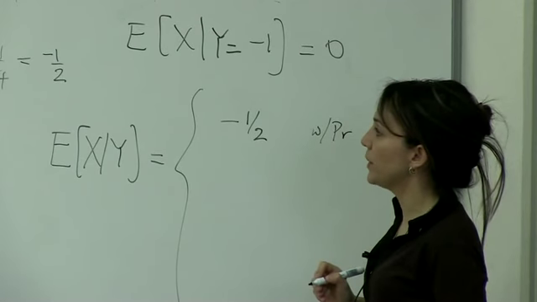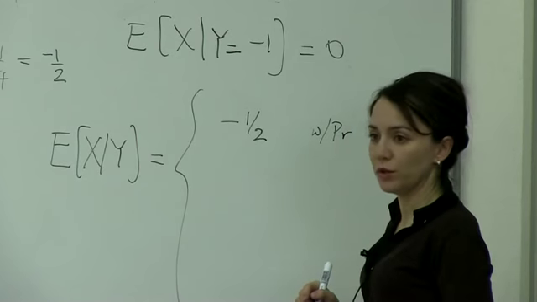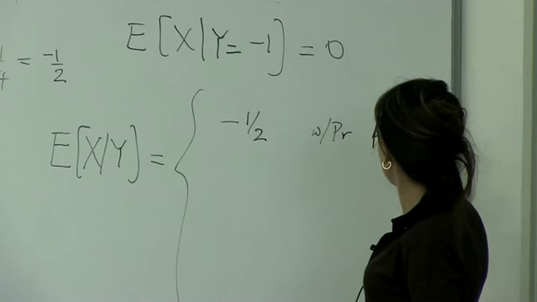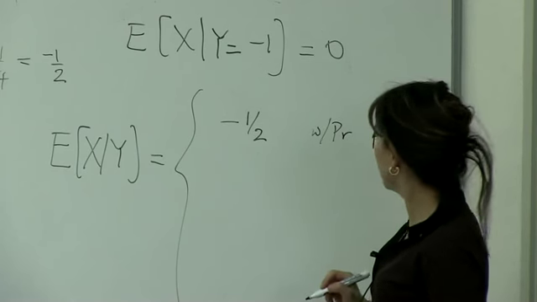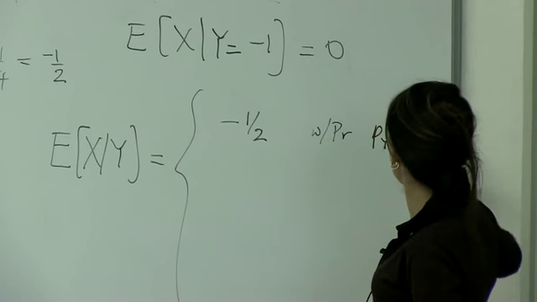Y is 2 with probability 3 over 12 plus 1 over 12, py of 2, which is 1 over 3, I'm sorry, 1 over 3.